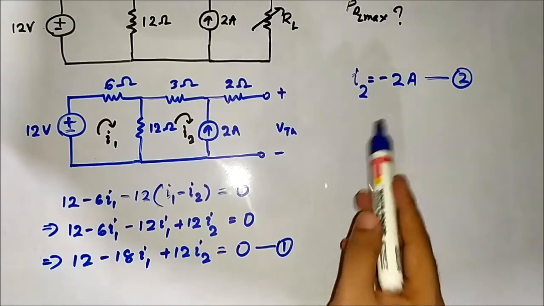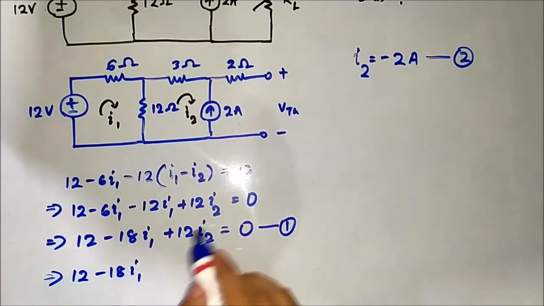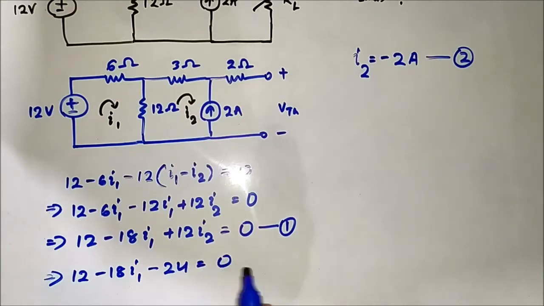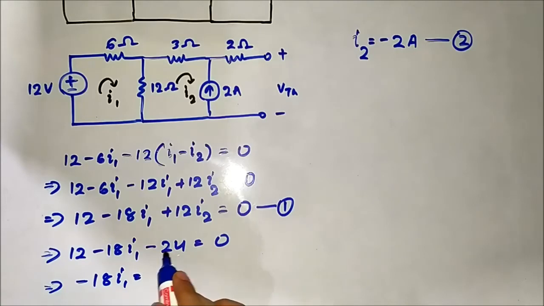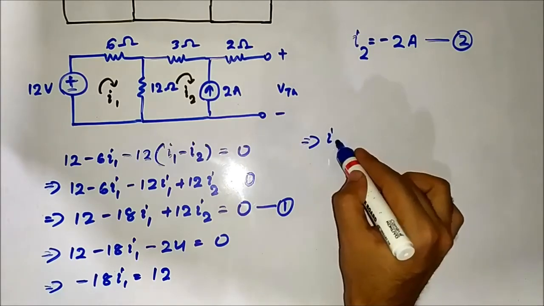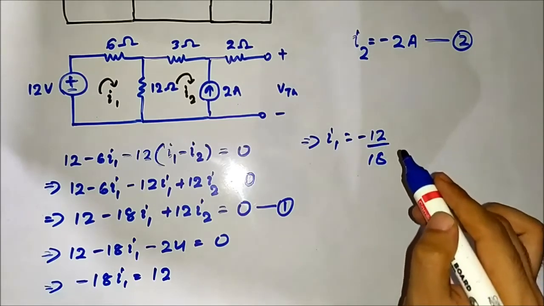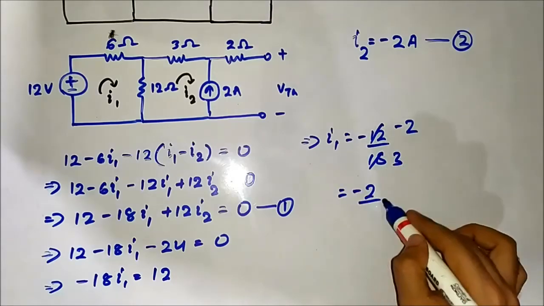Now when we substitute I2 is equal to minus 2 ampere here, we will get 12 minus 18 I1, 12 into minus 2, that is minus 24, is equal to 0, which implies minus 18 I1 is equal to 24 minus 12, which is 12, or I1 is equal to minus 12 by 18, so it is minus 2 by 3.